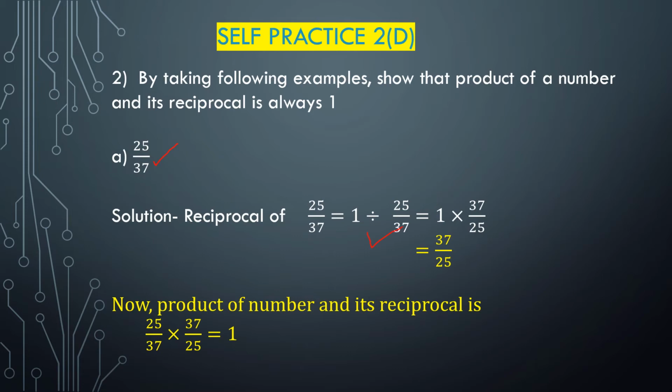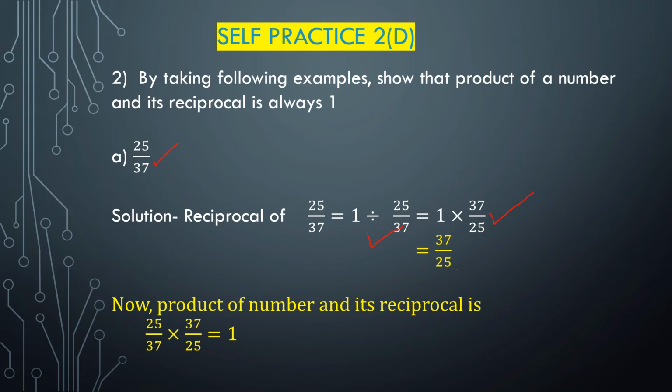So 1 multiplied with the reciprocal of this fraction 25 divided by 37, which is just the reverse of this fraction: the numerator changes to the denominator and the denominator changes to the numerator. So 1 multiplied with 37 divided by 25 is 37 divided by 25.